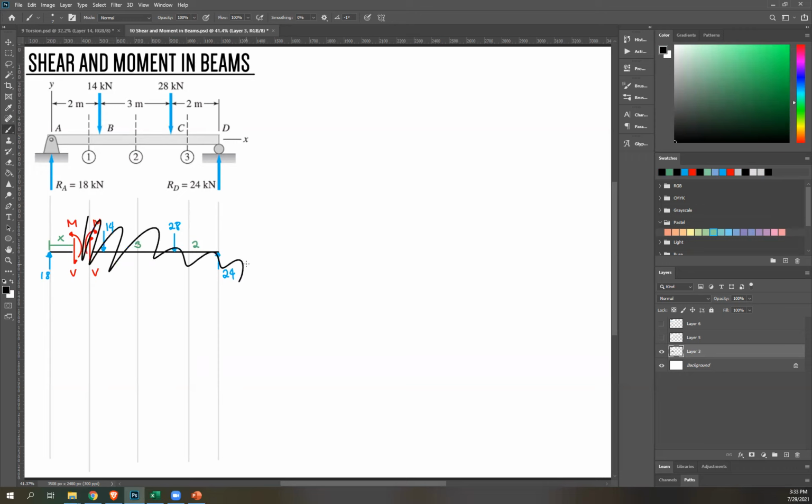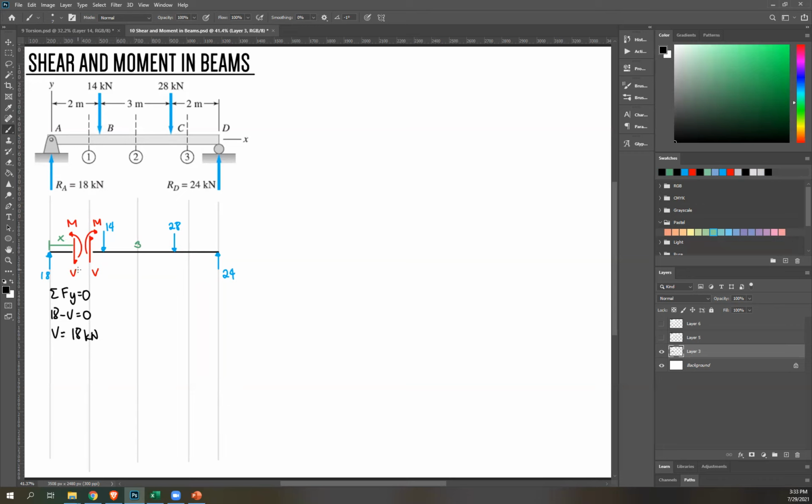So ignore this portion. To get the value of shear force, we're using equilibrium equations. Summation of forces vertical, or y, equals 0. So positive 18, negative V, equals 0. Therefore V equals 18, unit is kilonewton, positive, therefore correct assumption, my V is this way.